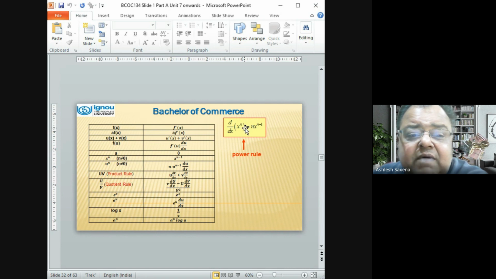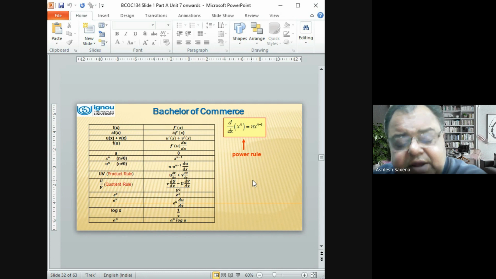The derivative of x raised to the power n is n x raised to the power n minus 1. For u raised to the power n, it will be n u raised to the power n minus 1 into du by dx. If we have two functions in product form, first function as it is, derivative of second function, plus second function as it is, derivative of first function.